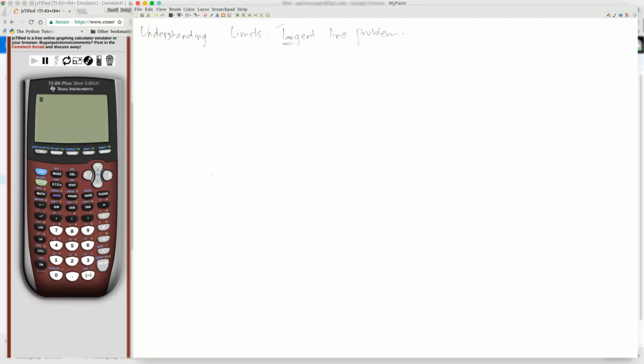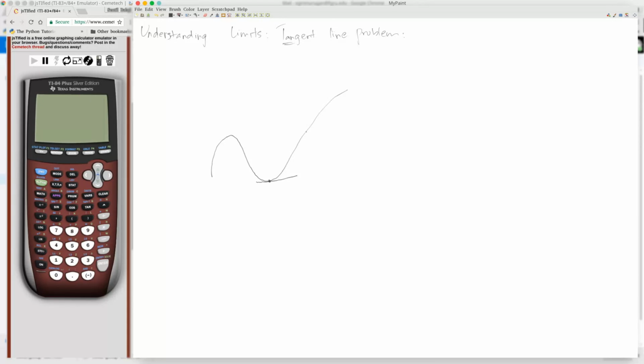Suppose I have a curve, just that, and the tangent is a line that would touch the curve exactly at one point. For example, that. And it has to be going in the same direction as the curve itself.